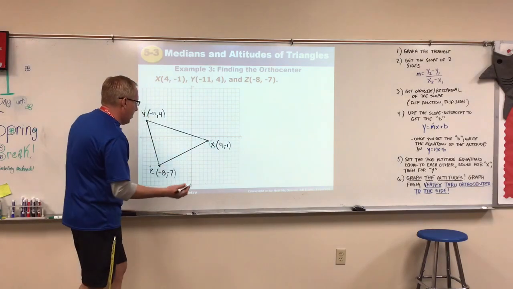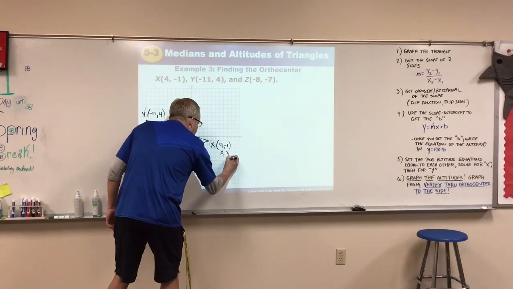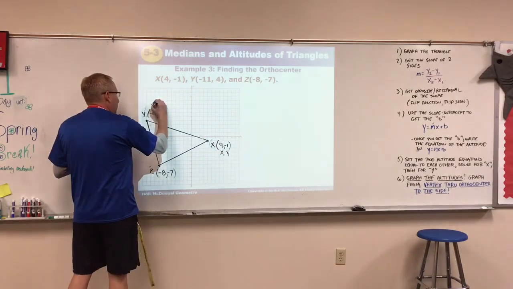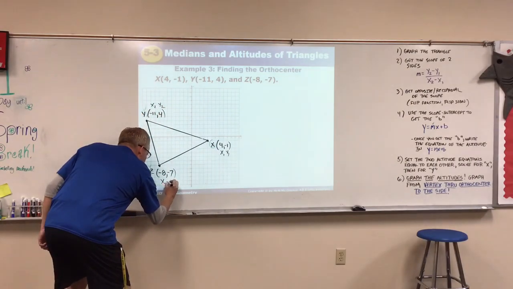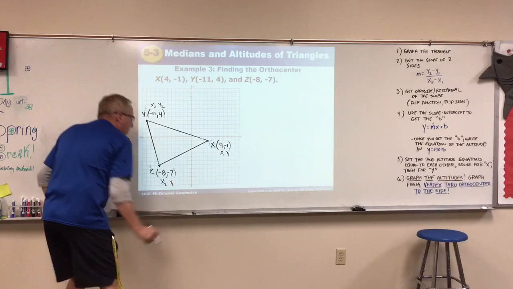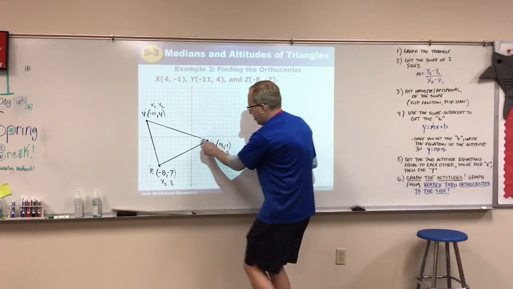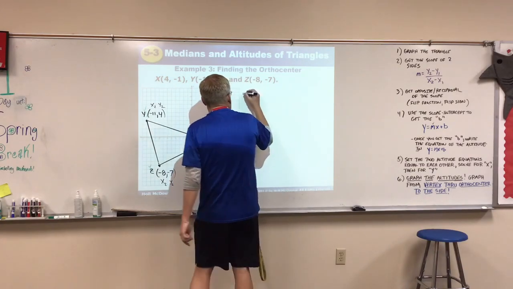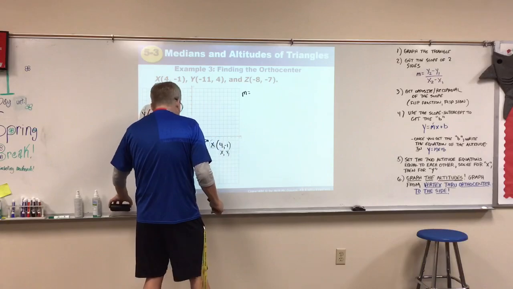Well, X is going to be in both. So whatever one is common, it's going to be easier to call that x1, y1, which makes these x2, y2, and it makes this x2, y2. All right? And then I'm going to run my slope. I'm going to first run my slope for XY. So we do slope equals, actually we're going to do slope.